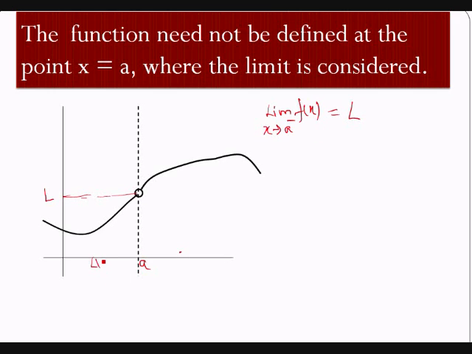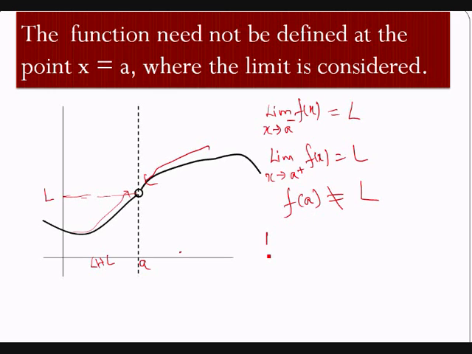Sorry, left hand limit is this part. The left hand limit approaches L, and the same way the right hand limit also approaches L. But f of a is not equal to L, and it is not defined. In fact, f of a is not defined. Therefore, though the left hand limit and the right hand limit are equal, it is not equal to f of a.